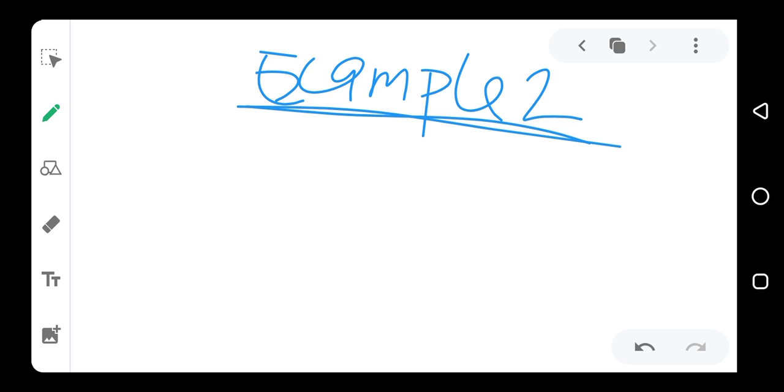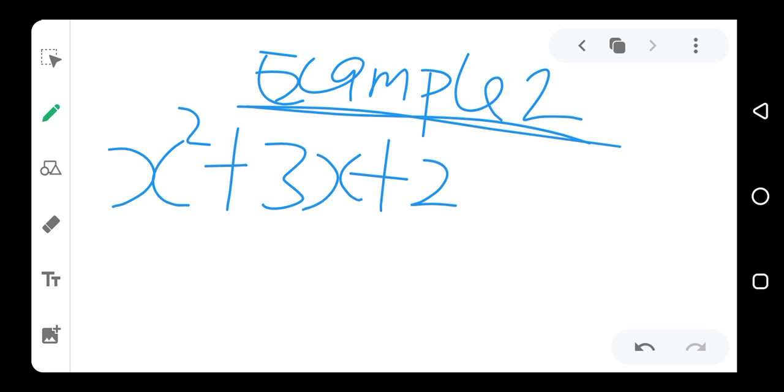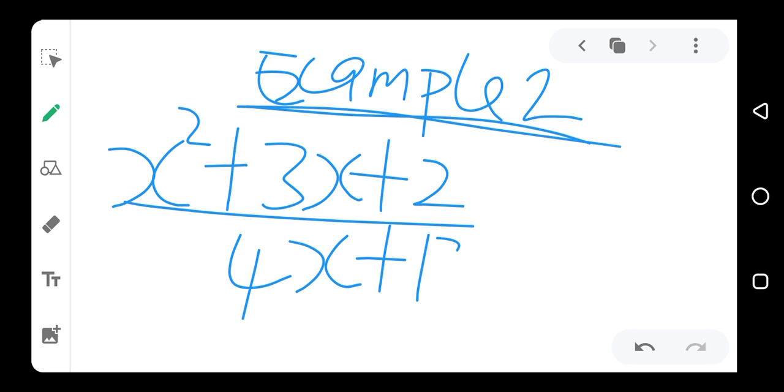If we have x squared plus 3x plus 2 over 4x plus 13, and we are asked to find the value of x for which this fraction is equal to 0.